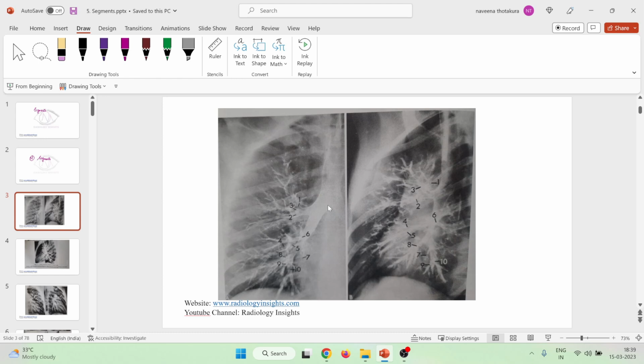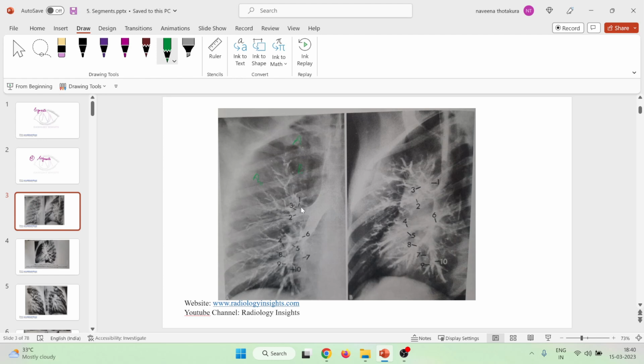If you see this one, here is the bronchus for the apical segment of the right lung. The right lung is divided into three lobes: upper lobe, middle lobe, and lower lobe. In the upper lobe we have three segments: apical segment, anterior segment, and behind it the posterior segment.